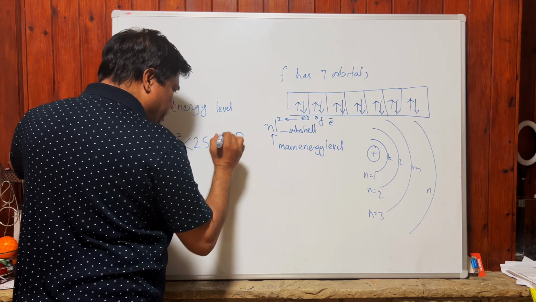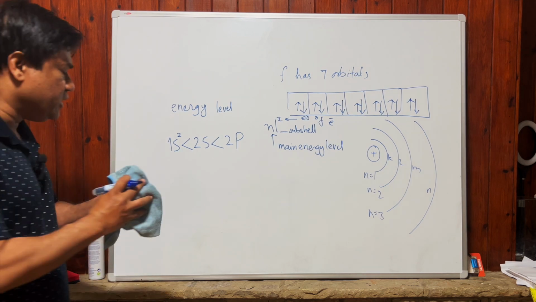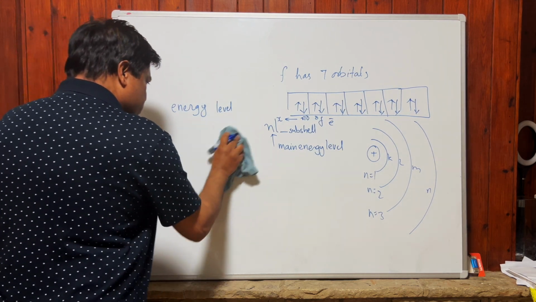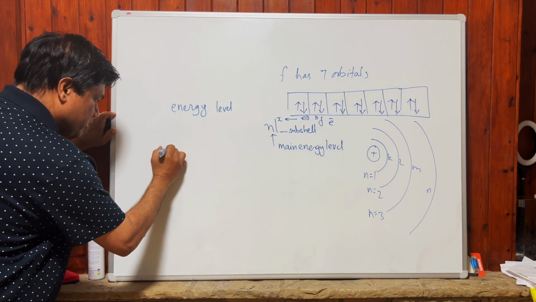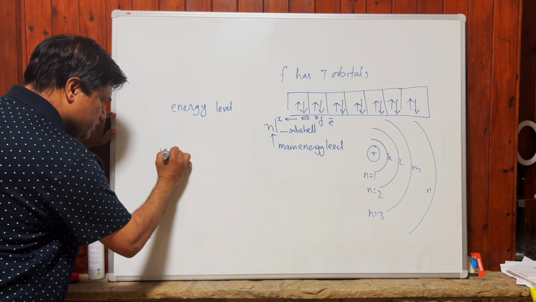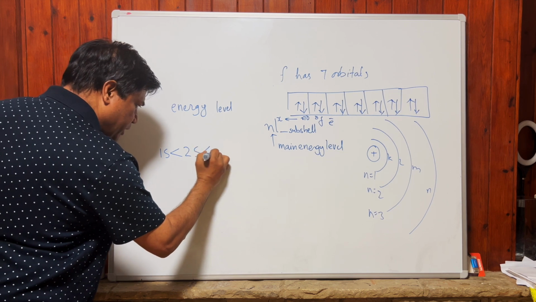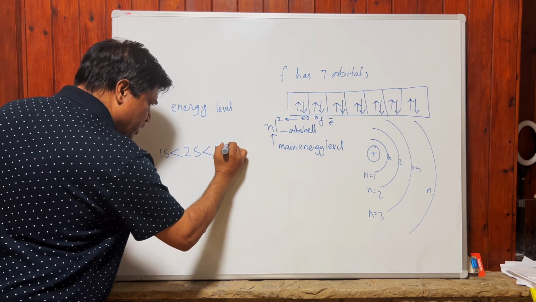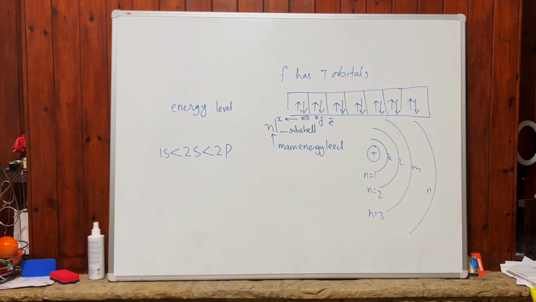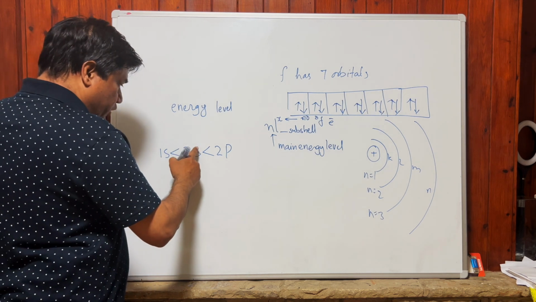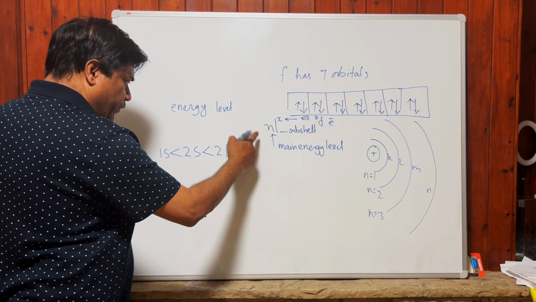So we start with 1s, which is less than 2s, which is less than 2p. In the second energy level we have s and p. You can go 2s 1 and 2, and 2p 1, 2, 3, 4, 5, 6.